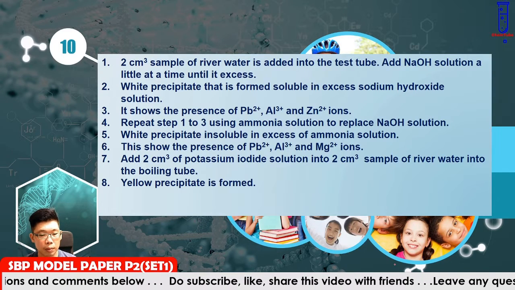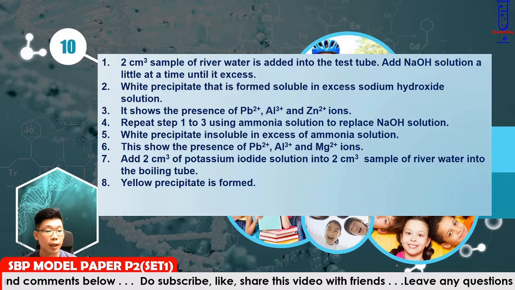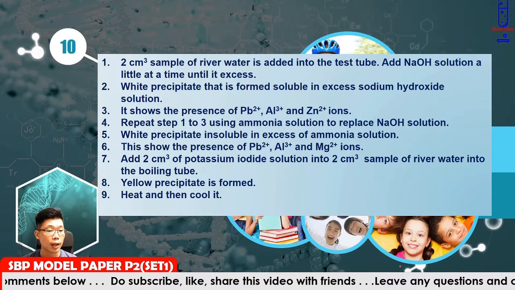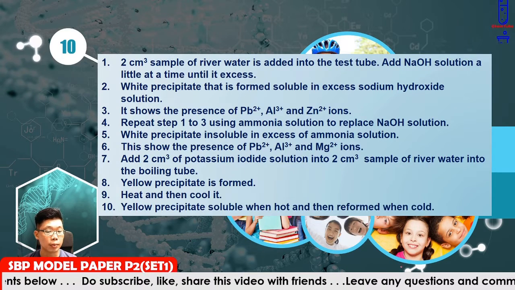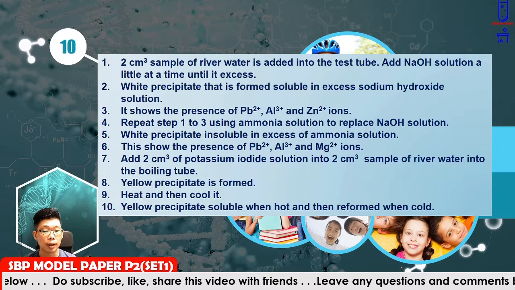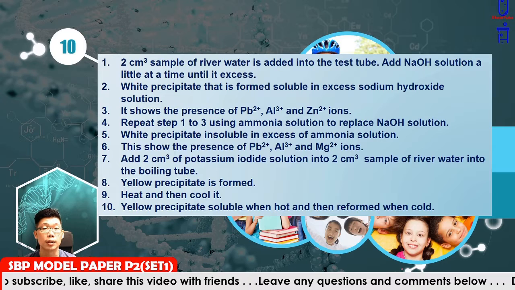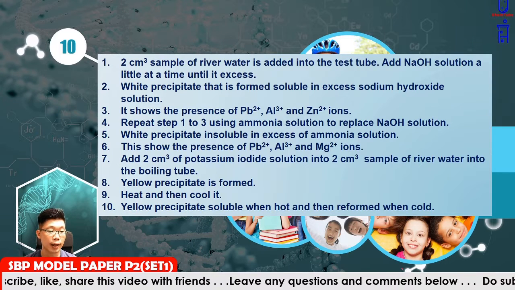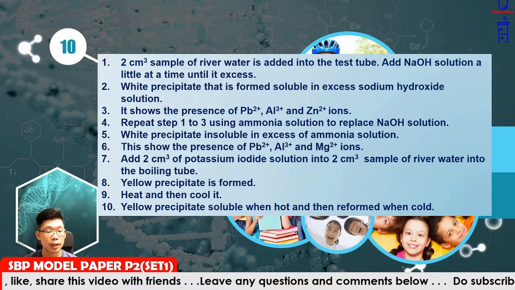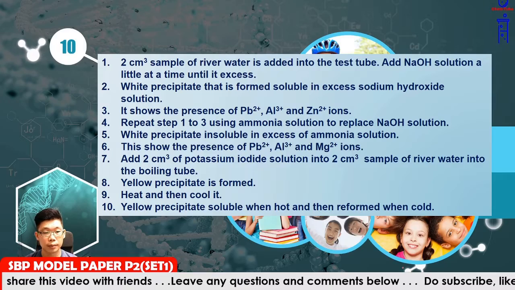A yellow precipitate is formed. Then you heat and cool it. The yellow precipitate dissolves when hot and reforms as yellow crystals when cooled down. So 10 marks for this question.